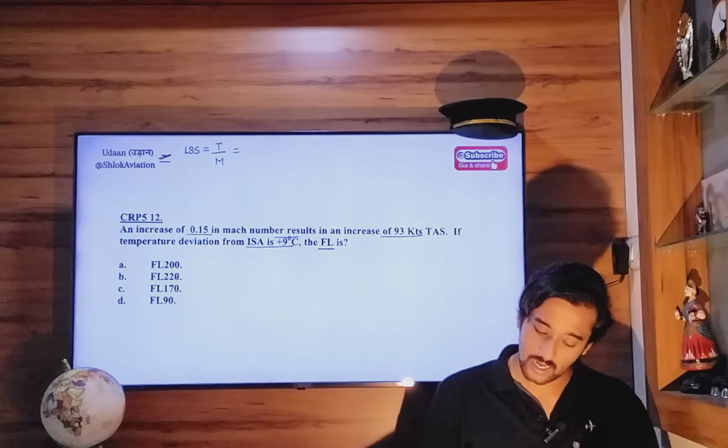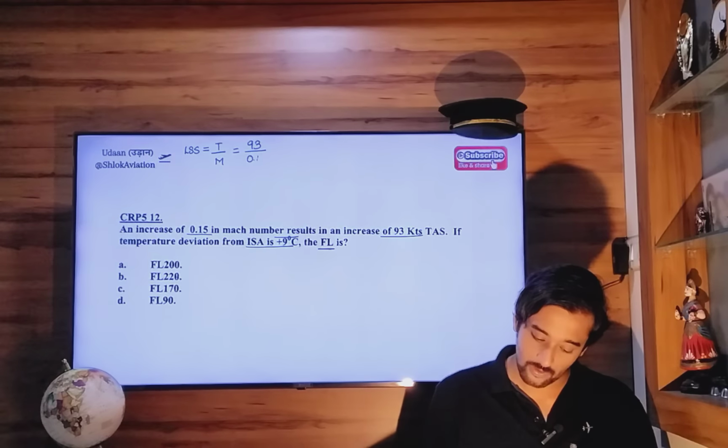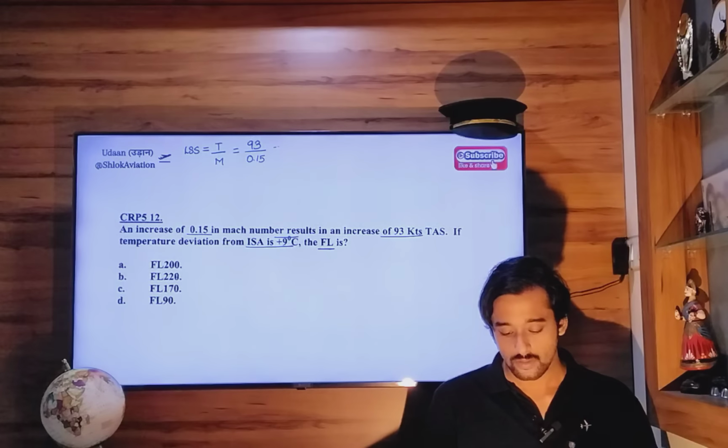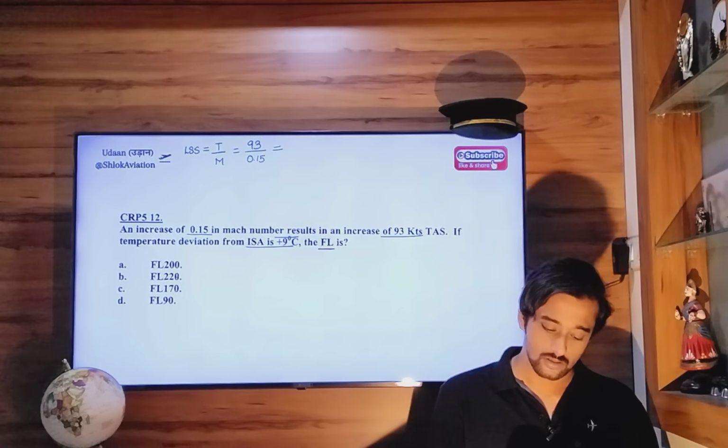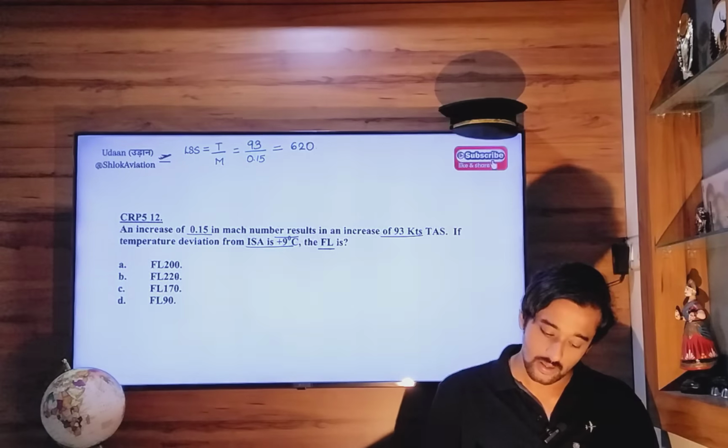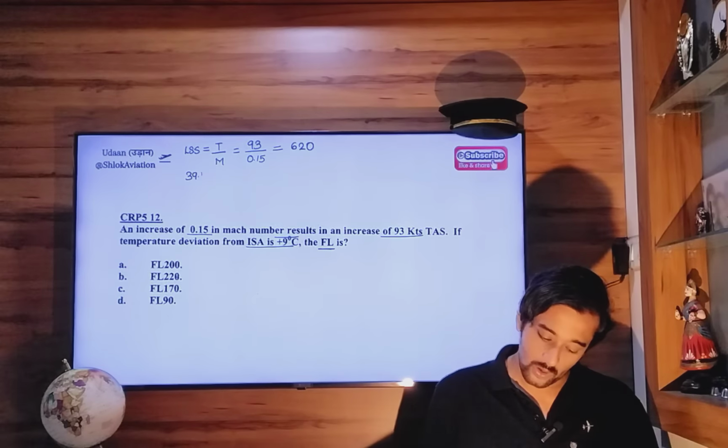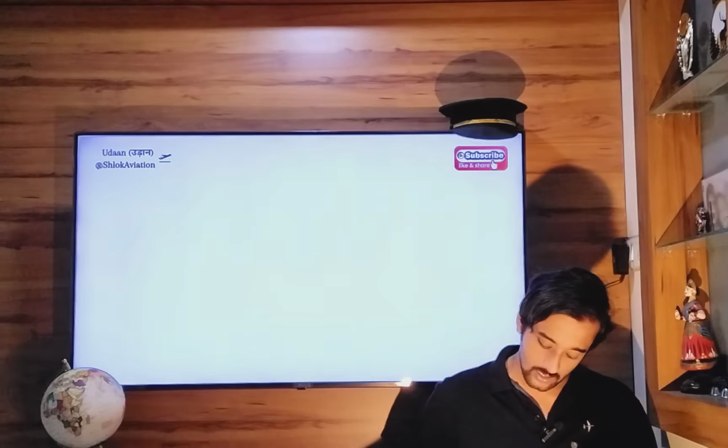True airspeed 93, Mach number 0.15, that is 620 knots. So 39.17 square root of temperature in Kelvin equals 620.